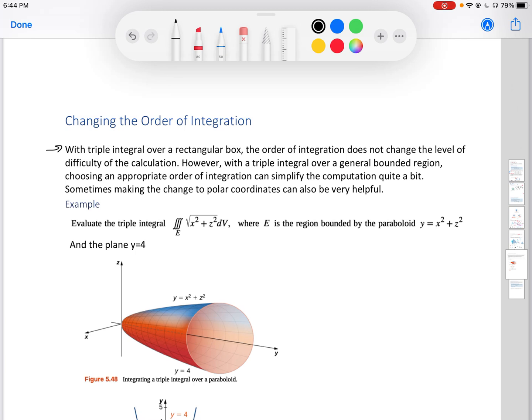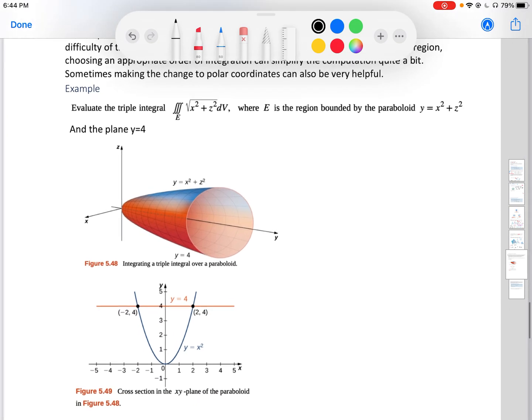So when I saw this problem, I saw a circle from this paraboloid, and I thought, okay, whenever I see a circle, my brain kind of thinks polar coordinates. But I saw the use of it once I started setting up the problem. So let me set you up the way these images try to set you up.